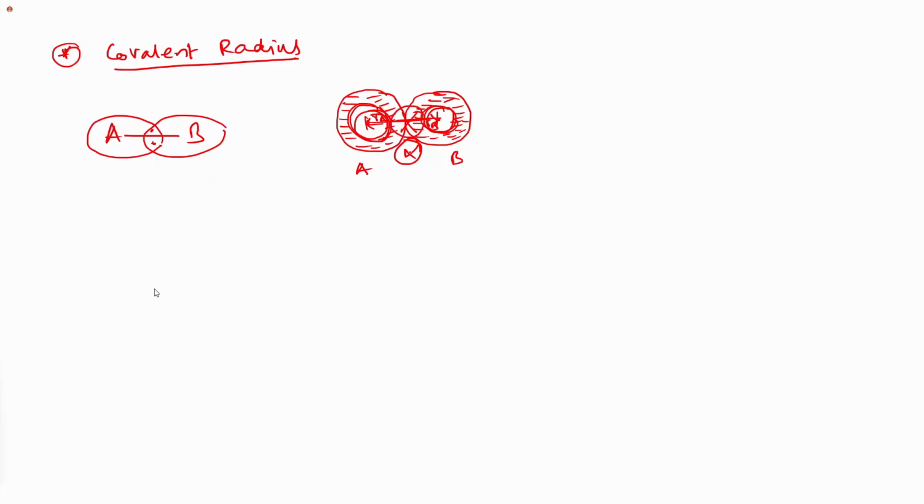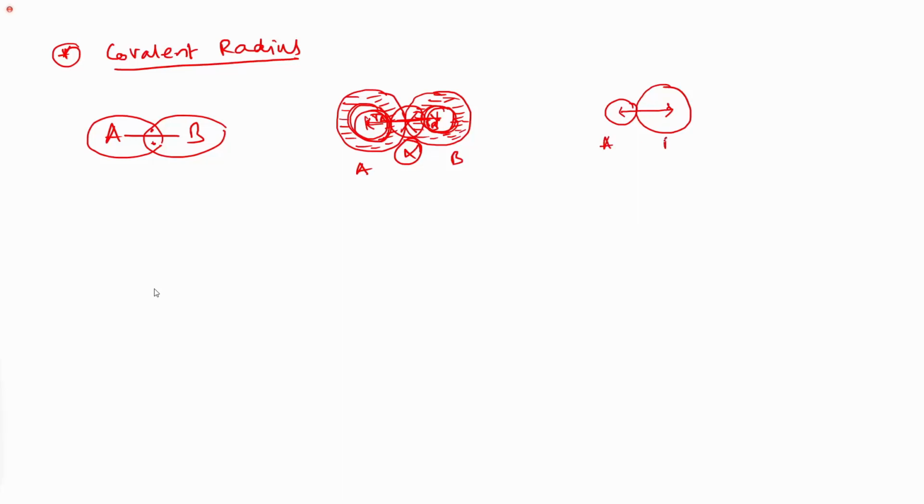This is a very important point, that's why I have written it wrong. To define the covalent radius, you must first draw the covalent bond. To draw it, the cores of these two atoms must be attached to each other, and they form a bond that is called the covalent bond.